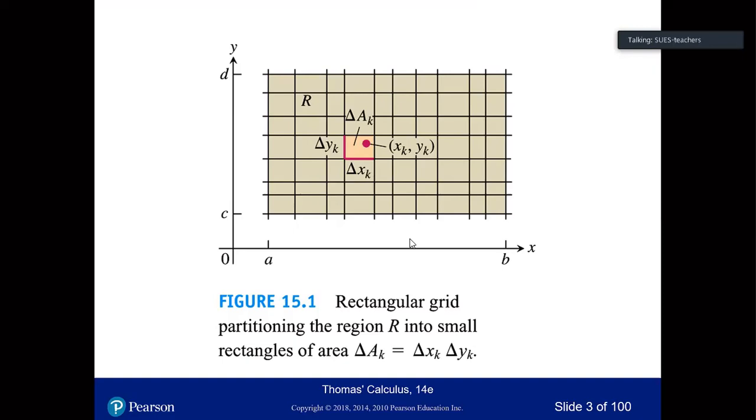This extends the integral concept from a two-dimensional place into a three-dimensional space. When you see the plot here, think of it as a kind of projection from three-dimensional into two-dimensional.